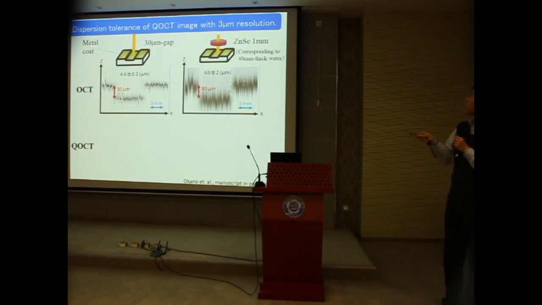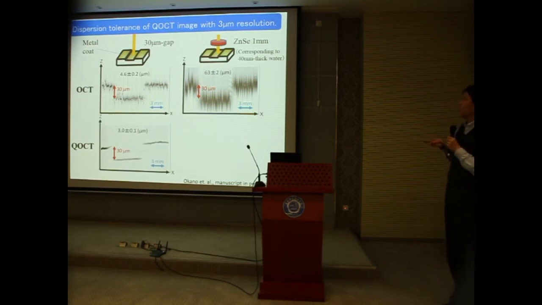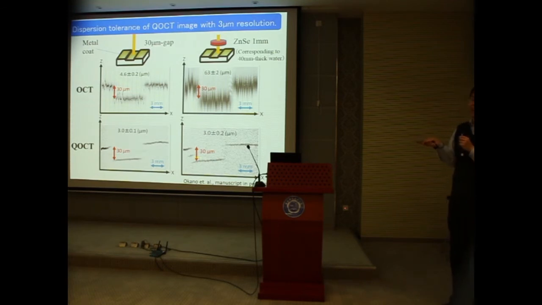So it is strongly degraded when we put a zinc selenide plate in the optical setup, which corresponds to 40 nanometer thick water. And in the case of QOCT, as I have shown you, we don't see almost any degradation in the images.